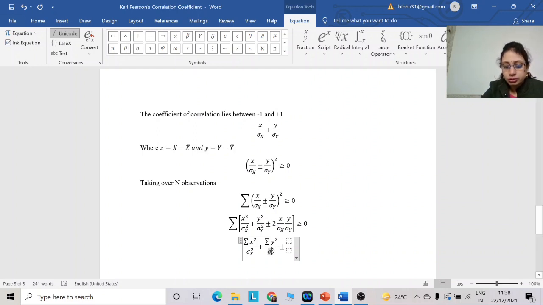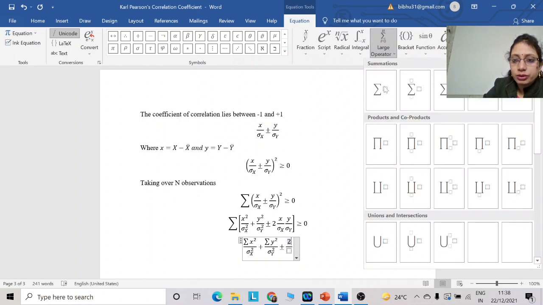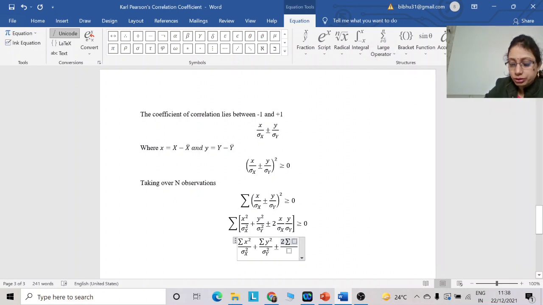Next is, so we'll multiply here, so 2 summation xy, which we are multiplying over n observations, we are multiplying summation xy, then standard deviation of x, standard deviation of y.